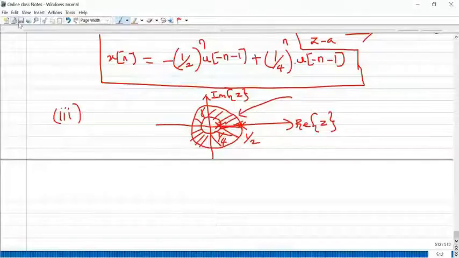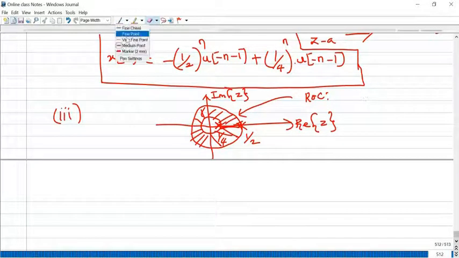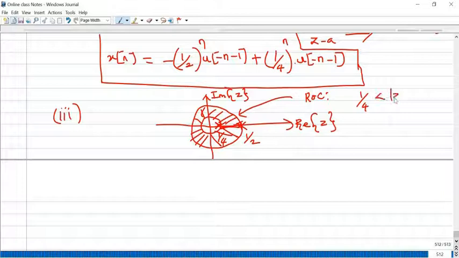Okay. Third case is, if region of convergence, that is modulus of Z, between two circles, between two poles. Okay. Then how to write your result? 1 by 4 less than modulus Z less than 1 by 2. Between two circles. So for this, how to write your result?